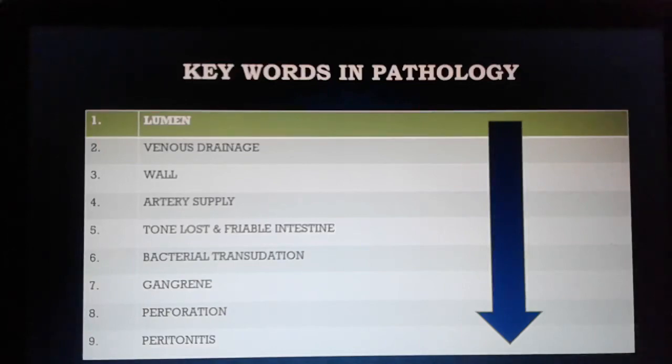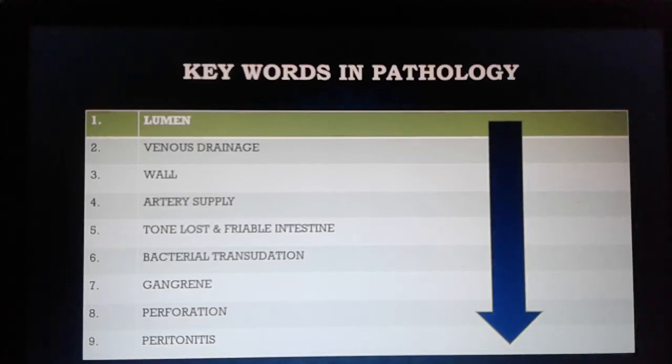When the arterial supply is affected, the intestinal wall tone will be lost and the wall will become friable. That will promote bacterial transudation, the bacterial infection, the transudative secretions that will have so many bacteria. So it will promote bacterial growth and bacterial transudation.